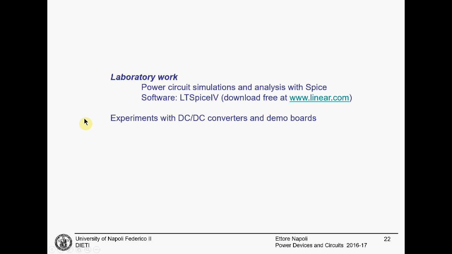And if we have the possibility and I'm fit enough, we can also conduct some experiments using some demo boards with DC-DC converters. They are very, very nice, and I hope we can do that, because it's nice for you to see an actual circuit working, change the voltage, the current, measure the efficiency, and it is a lot of fun working with the electronics in the lab.